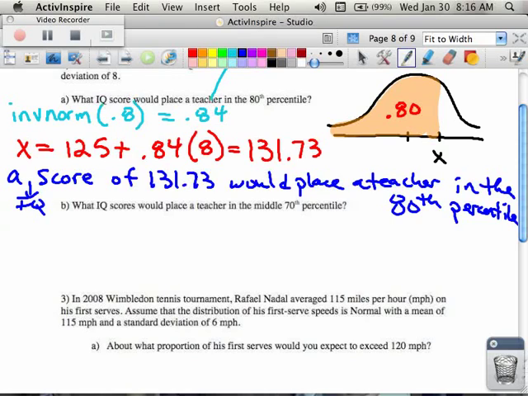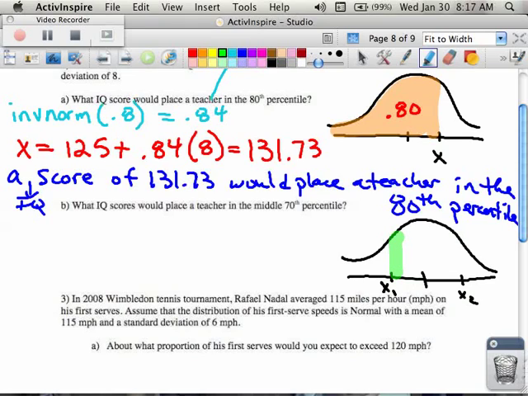In part B, a little bit different here. They want the middle 70th percentile. So as you draw your picture this time, and you have your mean, what we're talking about are 2 x scores.